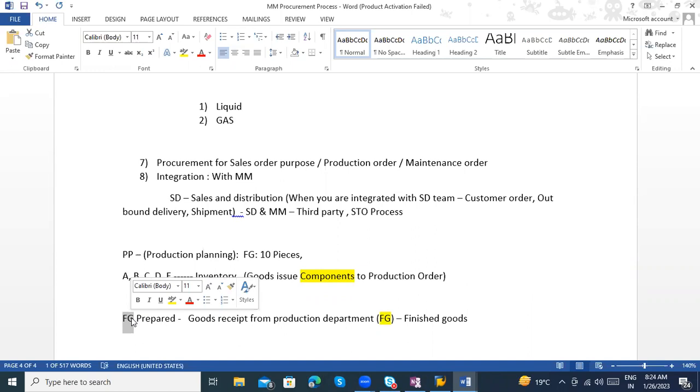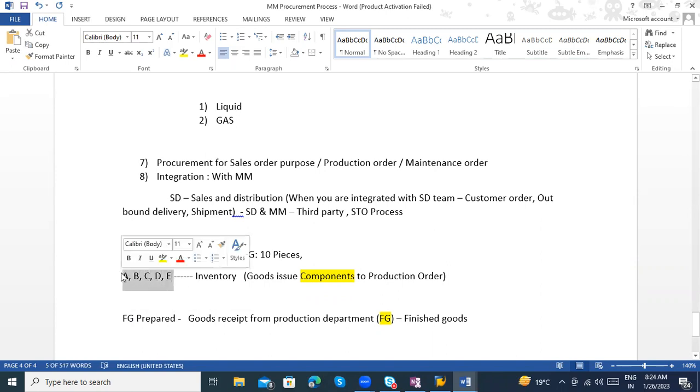Then they get the required components, make it, and send the goods. So both are mutually integrated.